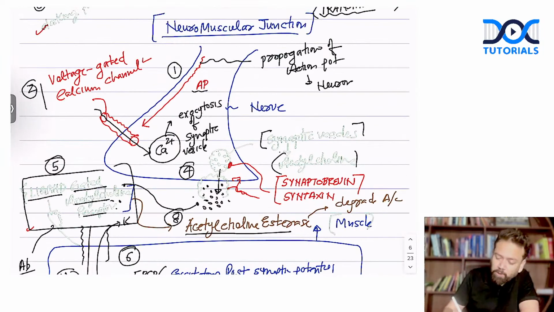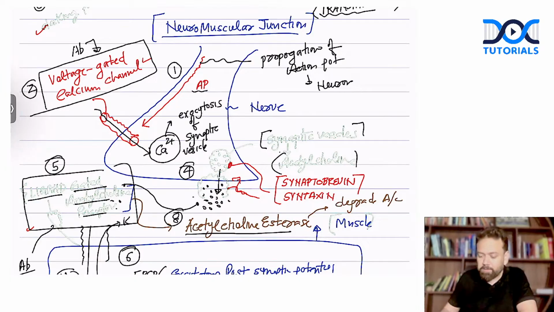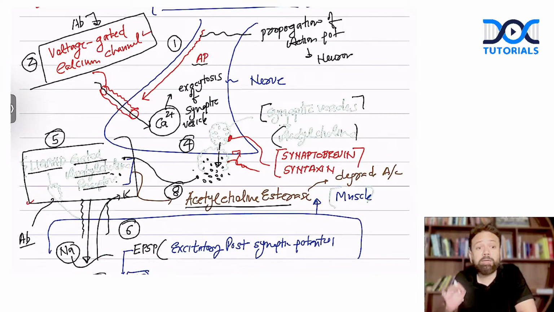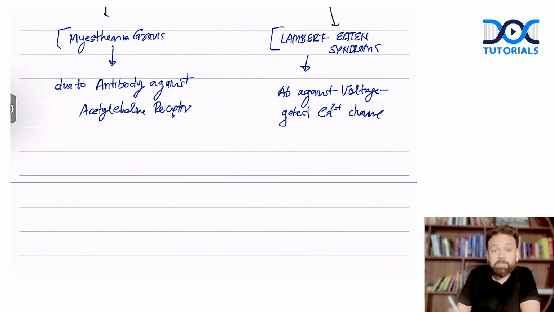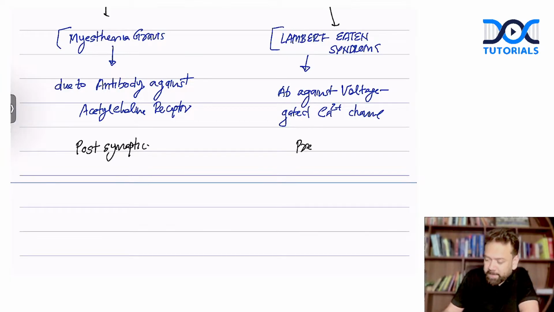But if antibodies are damaging voltage gated calcium channel, that will be simply Lambert-Eaton syndrome. So number one point: myasthenia gravis is a post synaptic disorder, after the synapse. Lambert-Eaton is a presynaptic disorder.